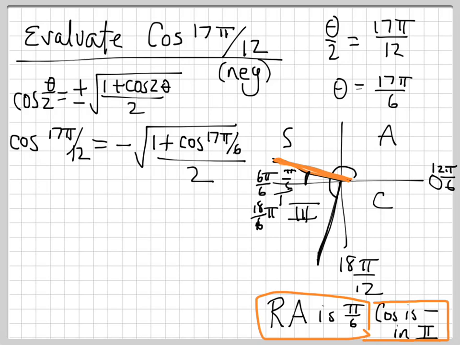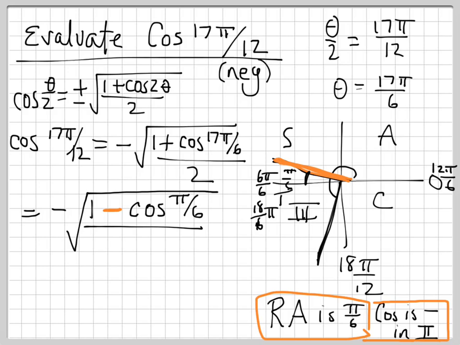So watch what happens. This is negative the square root of 1, and we're going to replace cosine of 17 pi over 6 with cosine of pi over 6, but instead of a positive, we need that negative now, and that's because we're in quadrant 2, and to use the reference angle you have to fix the sign, all over 2. Now cosine of pi over 6 is radical 3 over 2, so 1 minus radical 3 over 2 over 2.